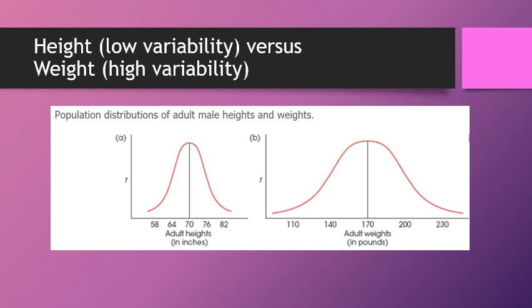However, when you look at weights, notice the graph goes from 110 pounds all the way up to 230 pounds. The graph is much more stretched out. That's called high variability. There's a lot of variability in how much males weigh, right? It would be typical for someone to weigh 120 and another male to weigh 230. It's just very variable because the weights are so different from each other.